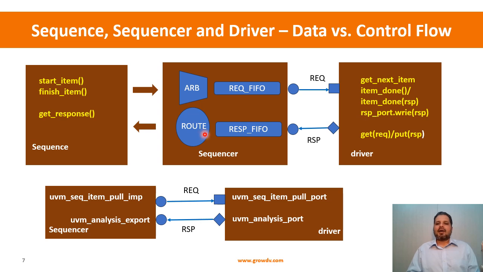Otherwise, by default, it will route the corresponding requests that are issued by the corresponding sequences, right? So when you have multiple parallel sequences running, whichever sequence has issued whichever request, the corresponding response gets routed to the corresponding sequence in order.